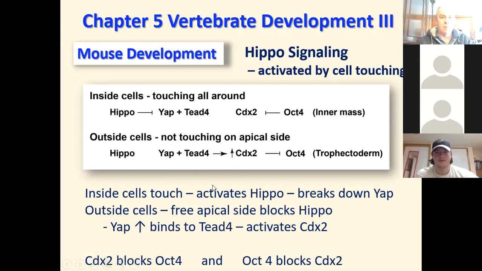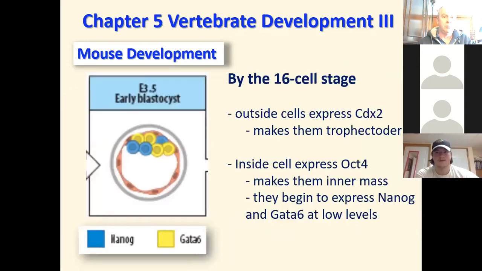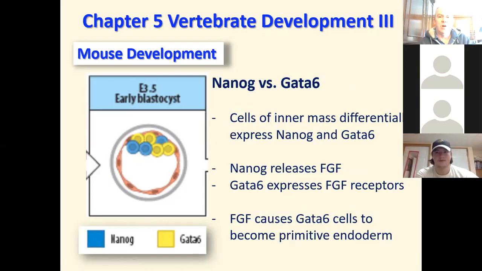Now we have to change those internal cells. So at this point, you've got OCT4 all over these inner mass cells here. And all these inner mass cells will then start to express NANOG and GATA6. Actually, some have got NANOG and some have got GATA6.